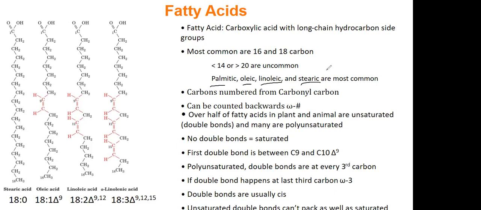The way that we count carbons is that you start with the carbonyl carbon. You call that 1, and then you just count down, 1, 2, 3, 4, 5, 6, 7, all the way down.